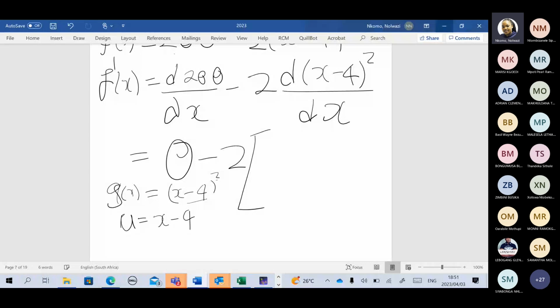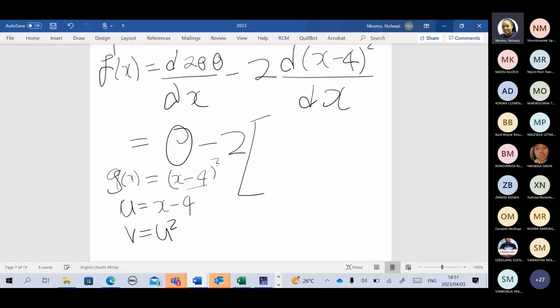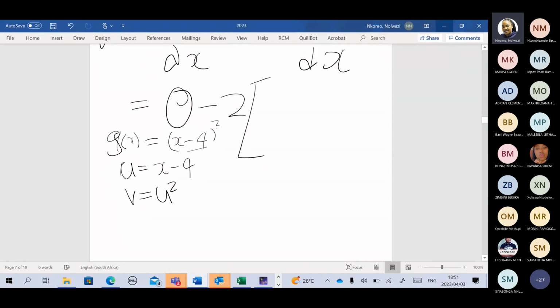That means our outer function is v equals u squared, right? Using the chain rule, g prime would be the derivative of the outer function, v prime, times the derivative of the inner function, u prime, right? If you differentiate v, you will get 2u, right?